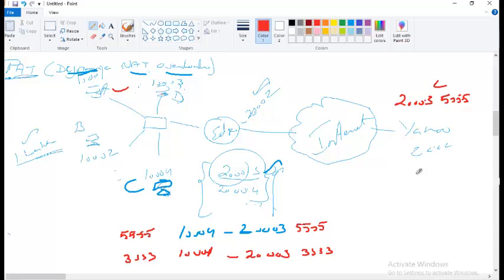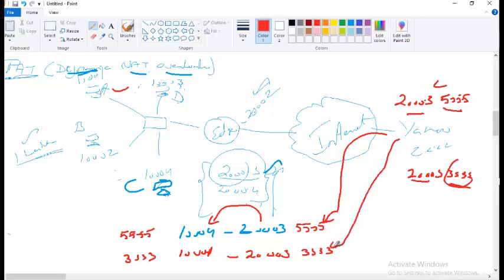When Yahoo receives the packet from A, it receives it from 20003, same address, but the port number is 3333. All the requests coming from C will be responded to this port number and it gets translated to this, not to 10001. All the requests made by A will be responded to this port number. As a result, this gets mapped to this address and the packet gets delivered only to A.